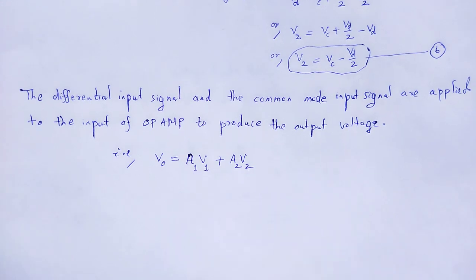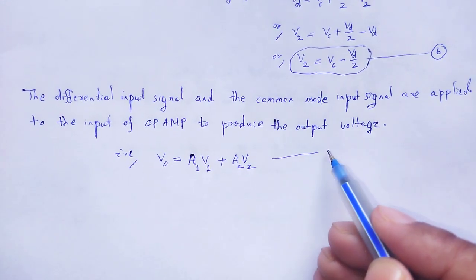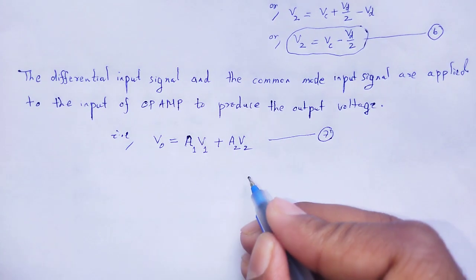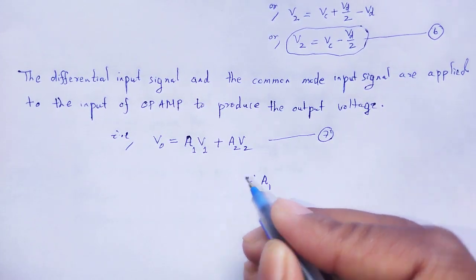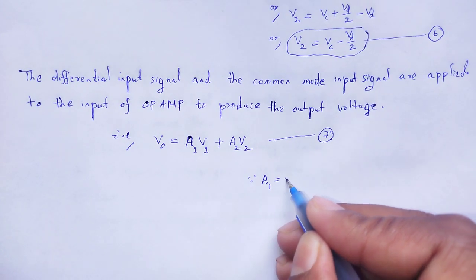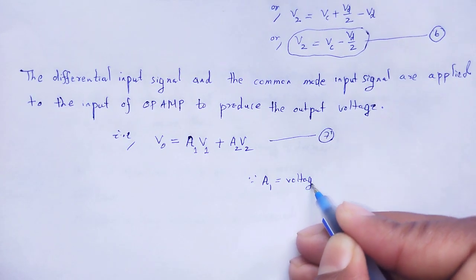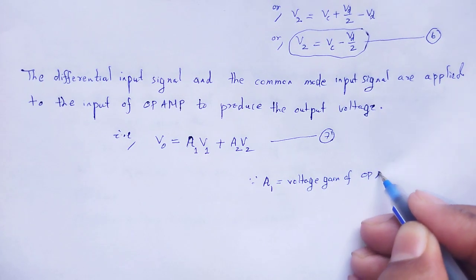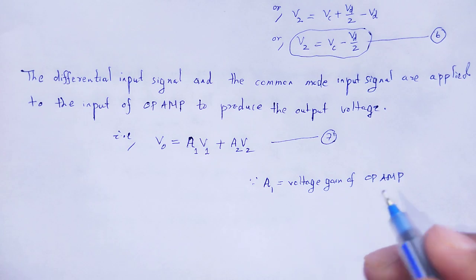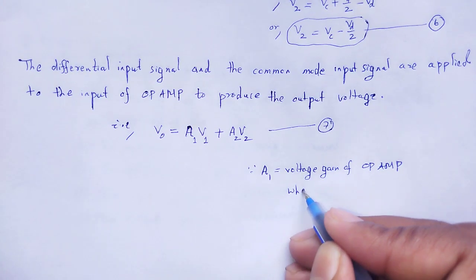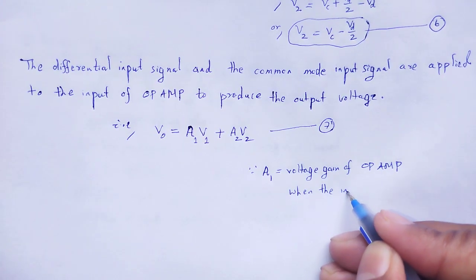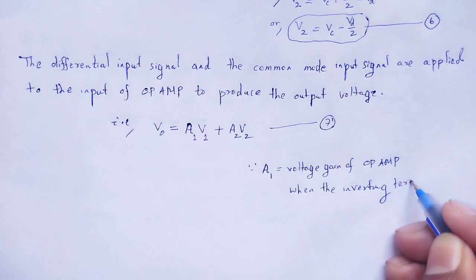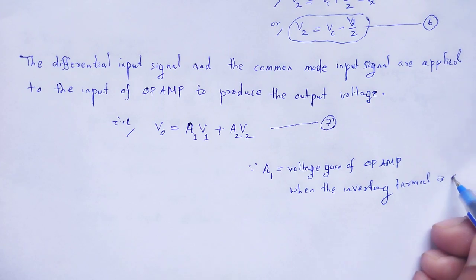What are A1 and A2? That is equation number 7. That one is an important equation, where A1 is the voltage gain of that particular op-amp under the condition when the inverting terminal is grounded.